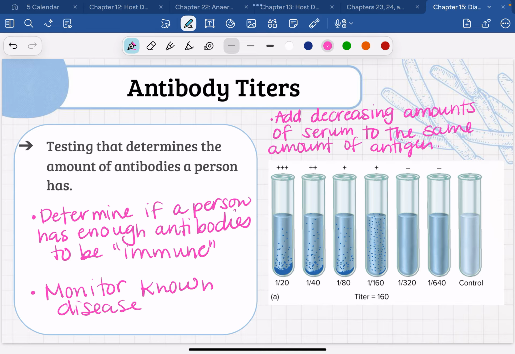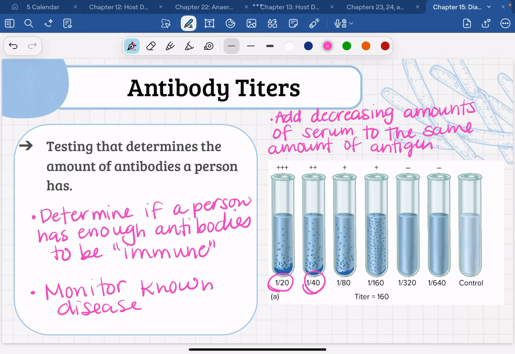And you basically look at how little serum you can add and still get a reaction. So what we're looking at here is the concentration. The concentration of serum here is 1 to 20. That means we took 1 part serum and 20 parts liquid. So that is the highest concentration, 1 out of 20.